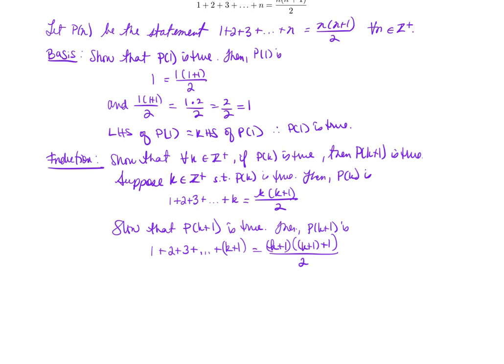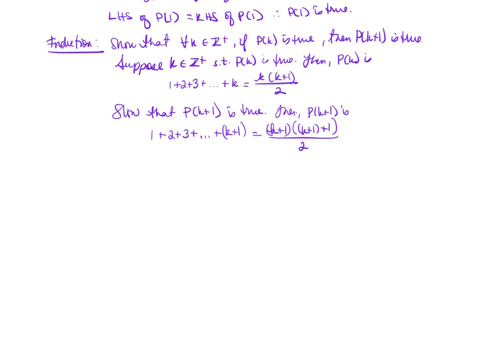So let's do that. Let me scroll up again, and let's start with the left-hand side. So we would say then the left-hand side of P of k plus 1 is 1 plus 2 plus 3 plus our sum all the way up through the k plus 1 term.